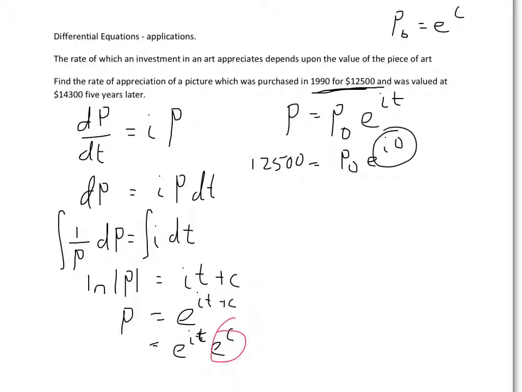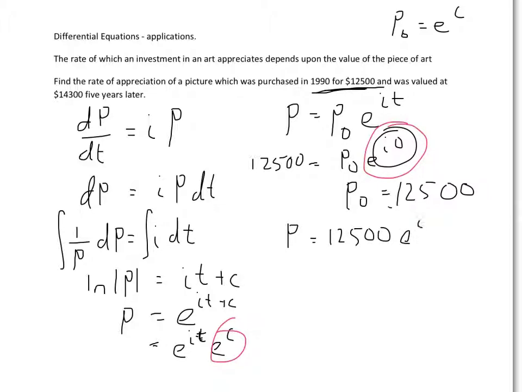So we end up in a position where we've got 1 times P0 is 12,500. So P0 is 12,500. So the price is equal to 12,500 times e to the It.